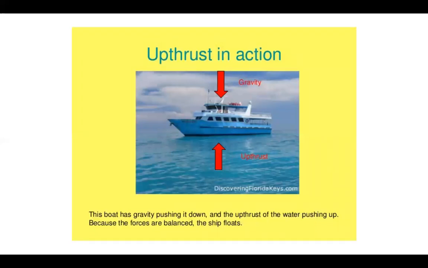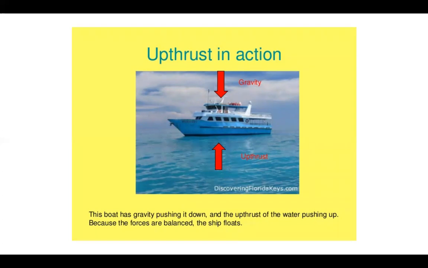Okay, upthrust is again an upward force acting against gravity. So this boat has gravity pushing it down, or the weight of the boat as well. And then the upthrust of the water is pushing it up. Because there's gravity and because there's upthrust, and because both these forces are balanced, the ship floats.